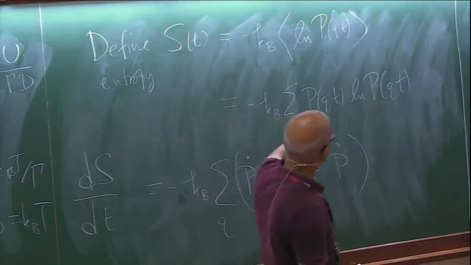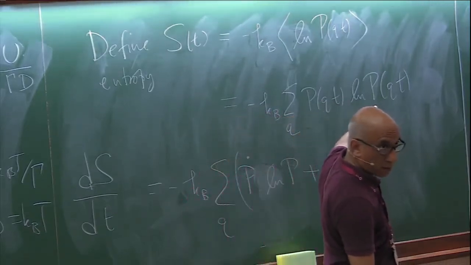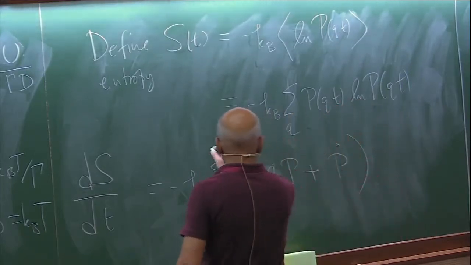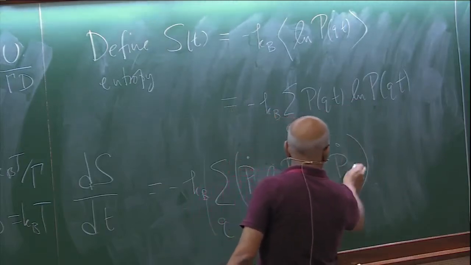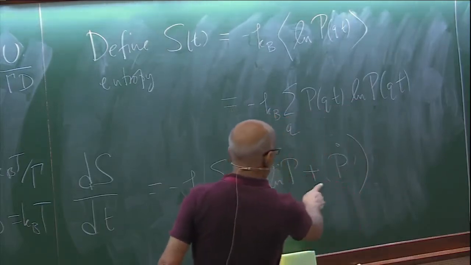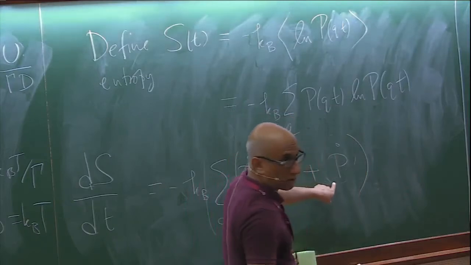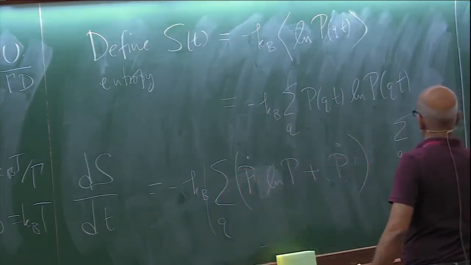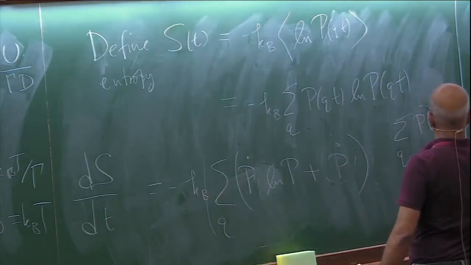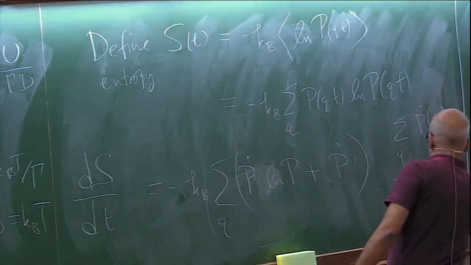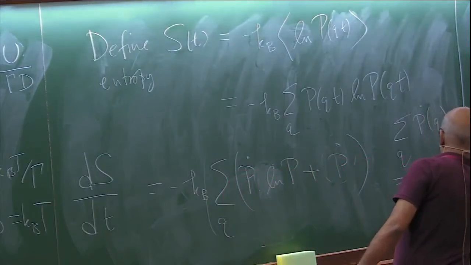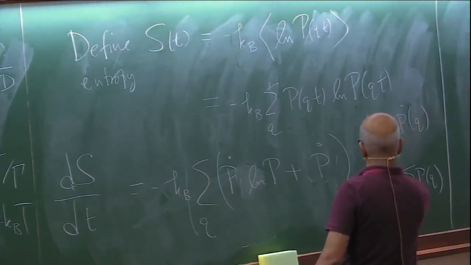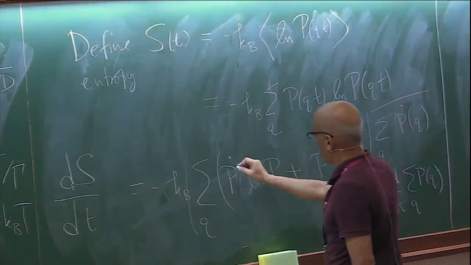Yes, because the second term is p times the derivative of log p, which is p dot over p. The second term is the time derivative of the sum over Q of p of Q. So I only have p dot log p.